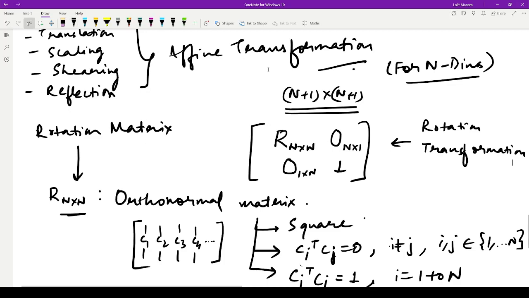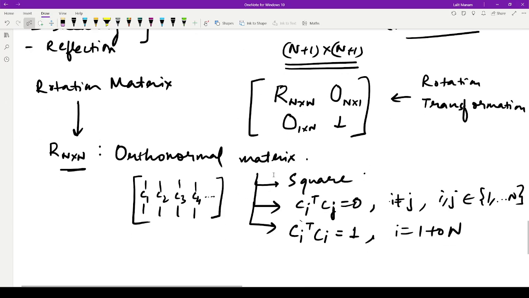So you have this rotation transformation, which contains a rotation matrix. Now the properties of a rotation matrix are that it's square. If you take the dot product of different columns, it will be 0, but with itself, it turns out to be 1. So this is how you can define a rotation transformation.